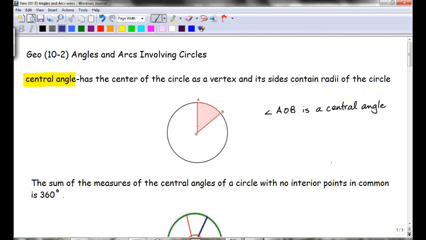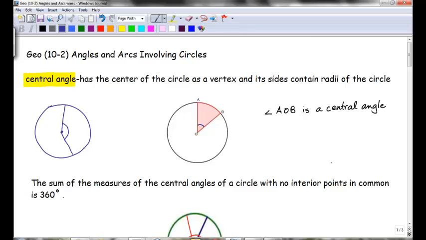So this angle is a central angle. Anytime you've got a circle and you've got a center, and it doesn't matter the size of this, it is a central angle as long as the vertex is at the center of the circle and the sides of the angle are radii.